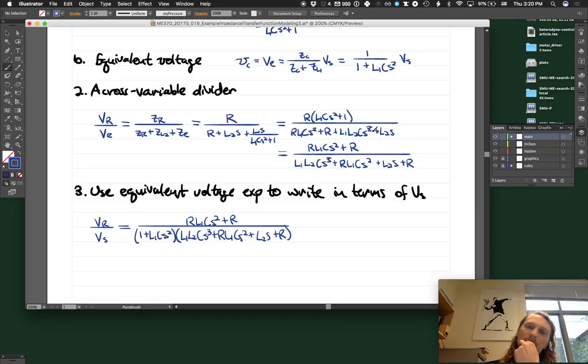Let's go ahead and do this step here. Let's do it correctly, though, where I had these two terms, but I forgot the last term, which was plus L1S, which makes this term L1 plus L2S.